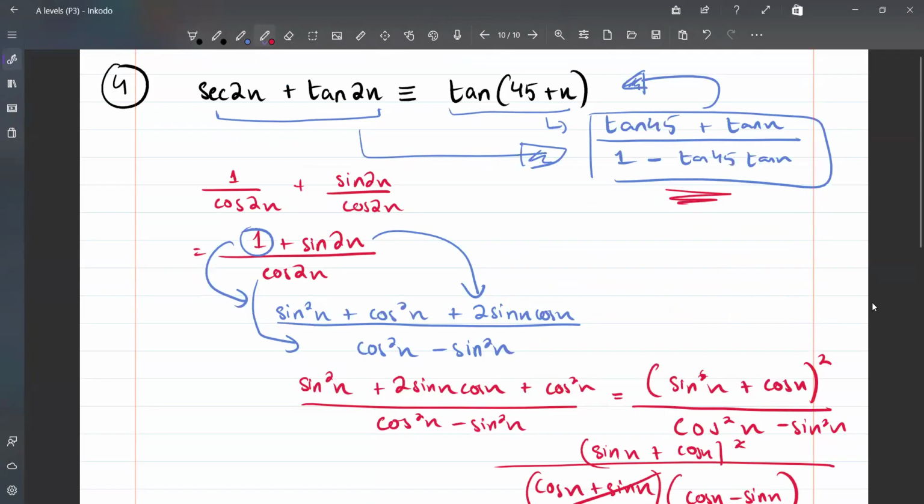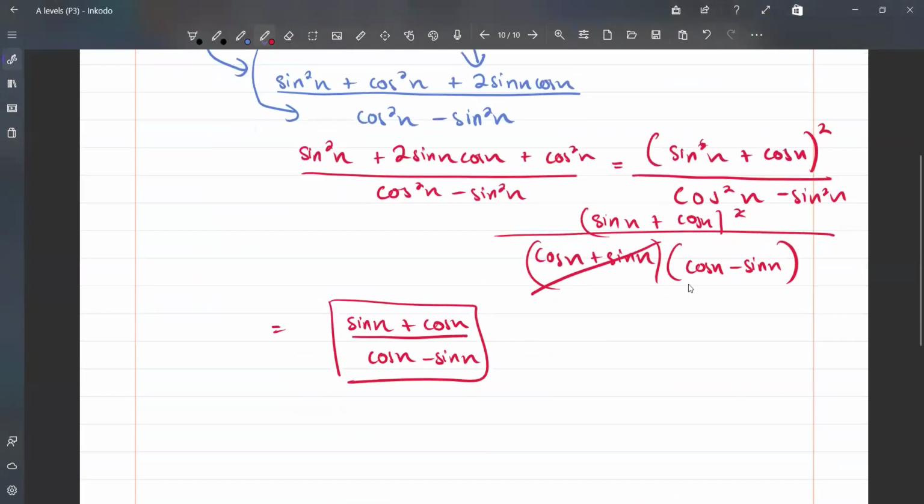Now, one thing we can work out here is that we know that tan 45 is equal to 1, right? So we somehow need to get 1 here, okay? But it is already in its simplest form.